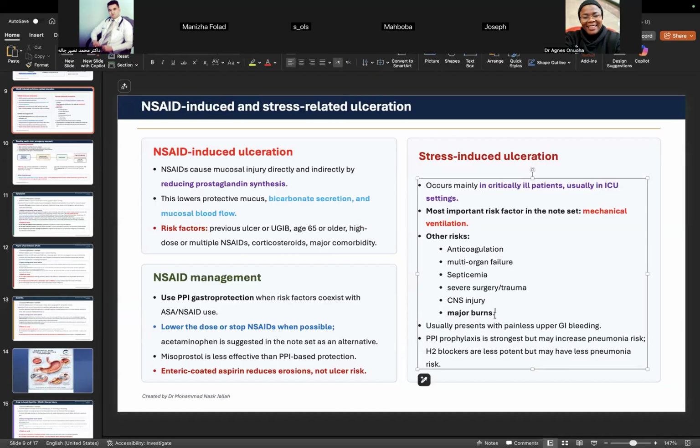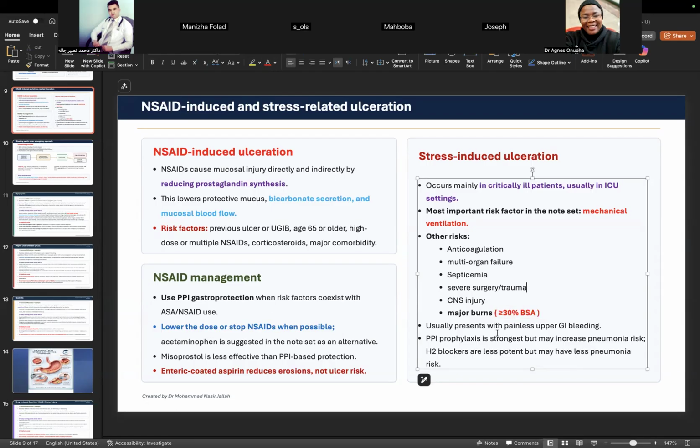For the burns, they might not mention it directly, but indirectly they will mention something like 30 or more than 30% of body surface area burn. So this on its own should tell you that that's a major burn.